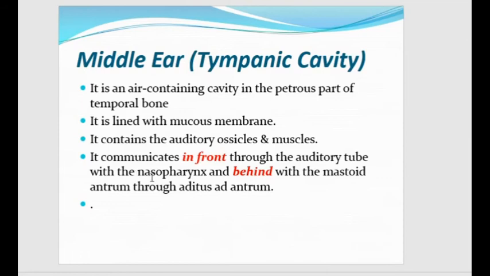Anteriorly it communicates with the Eustachian tube. Posteriorly it communicates with the mastoid air cell system through an opening that we call the aditus ad antrum.